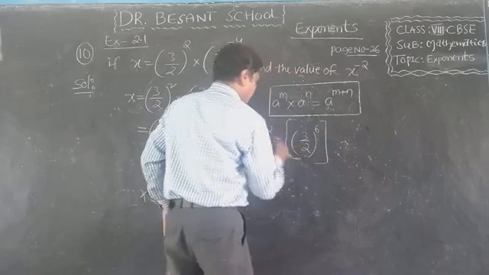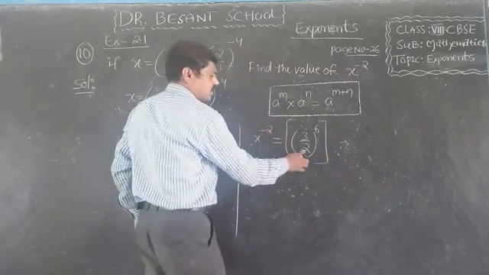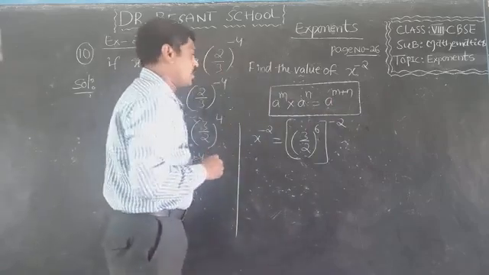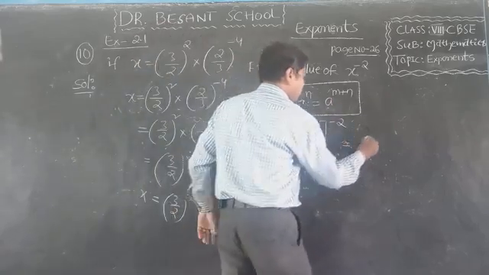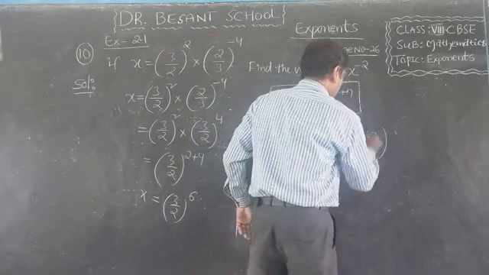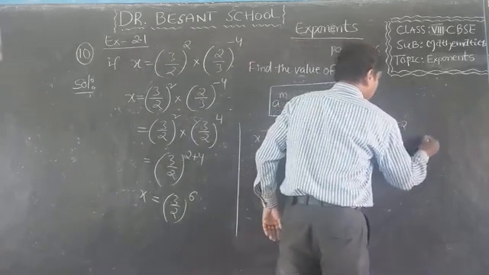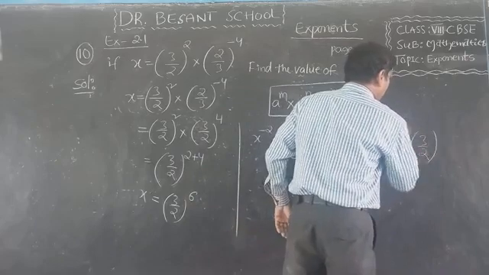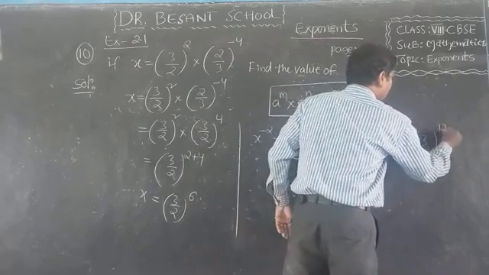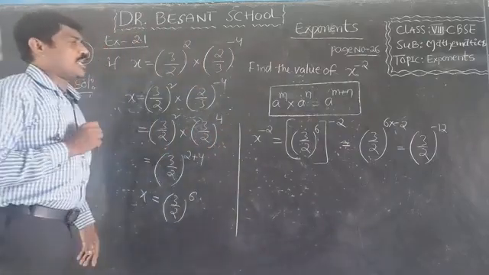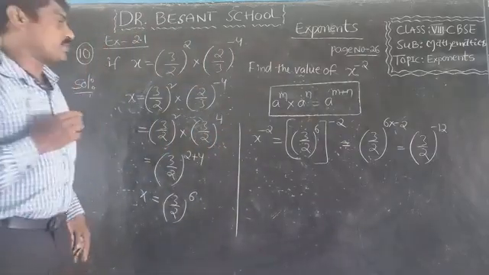Again whole power minus 2. So that is (3/2)^(6 into -2). 6 2s are 12, so minus 12. So x^-2 is equal to (3/2)^-12.